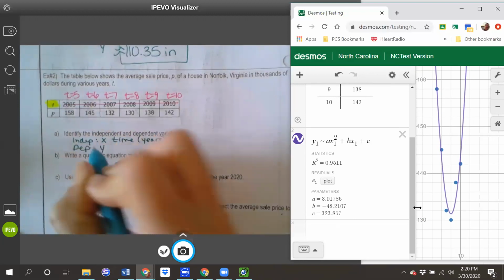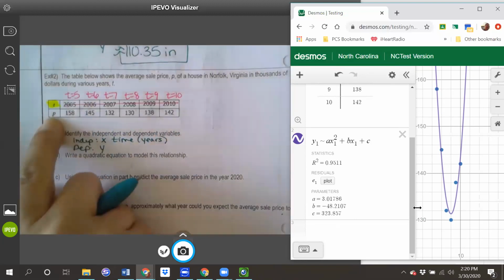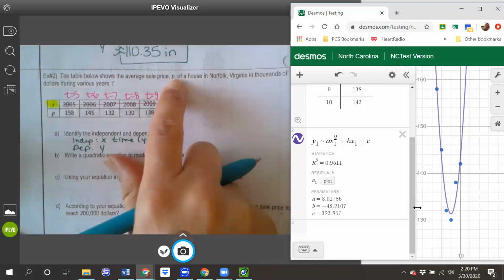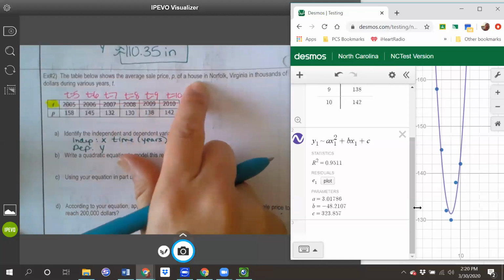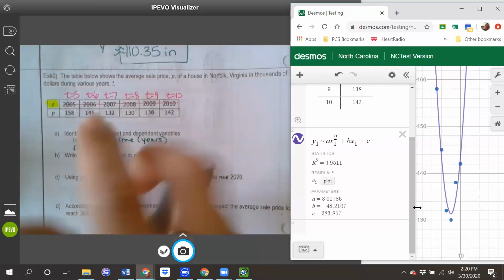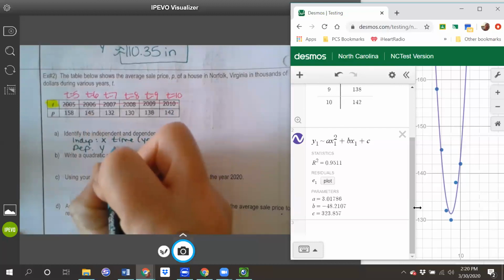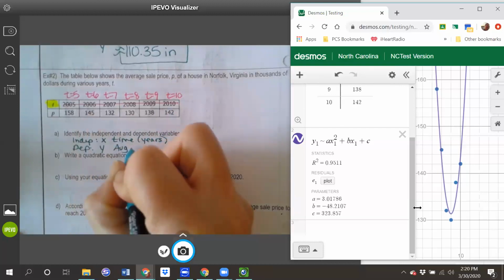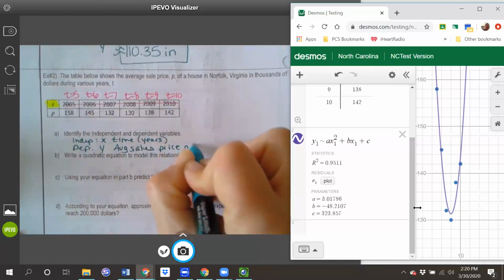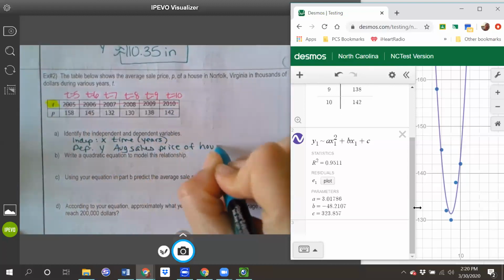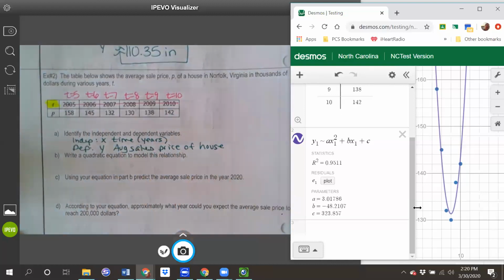The dependent is the Y. In this case, Y is represented by P, and that is the average sales price of a house in Norfolk, Virginia, in thousands of dollars.